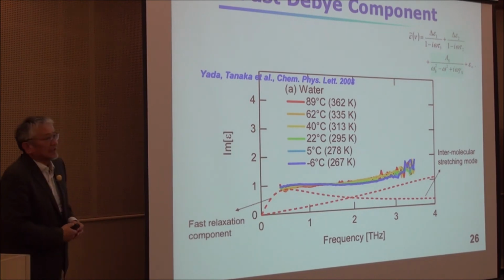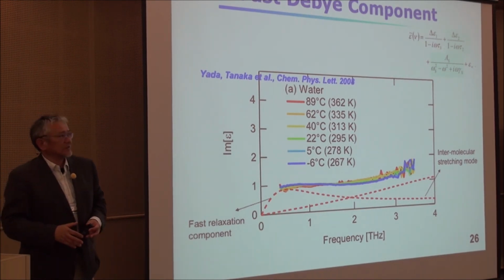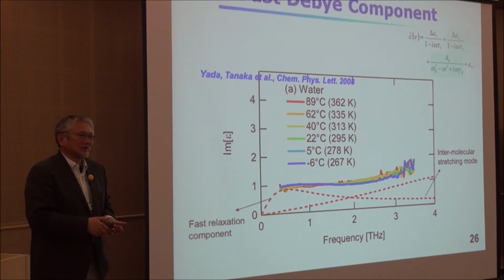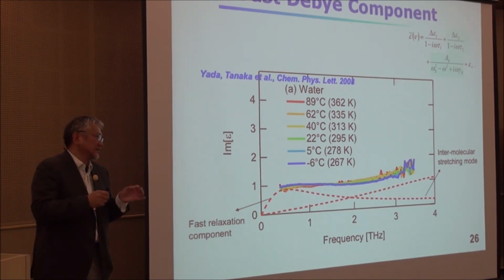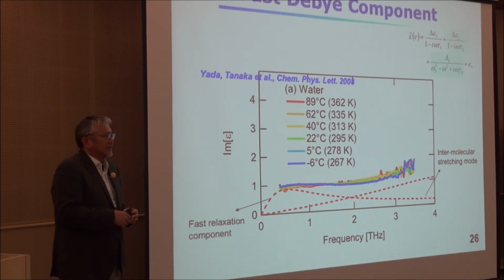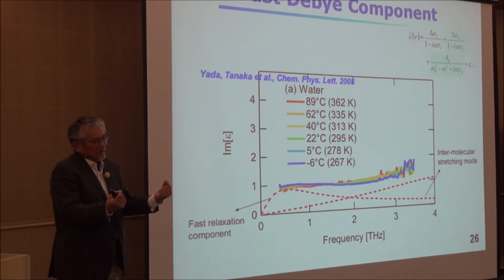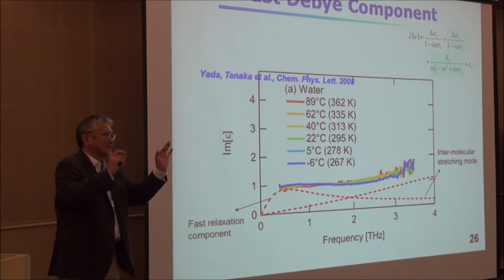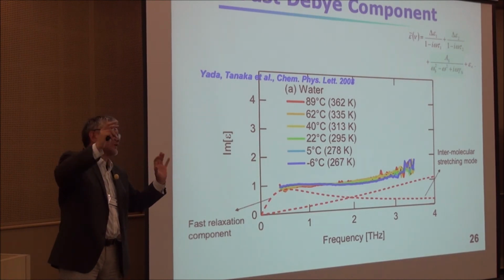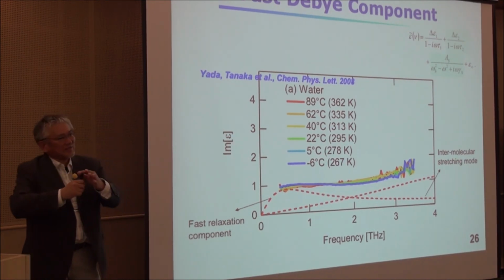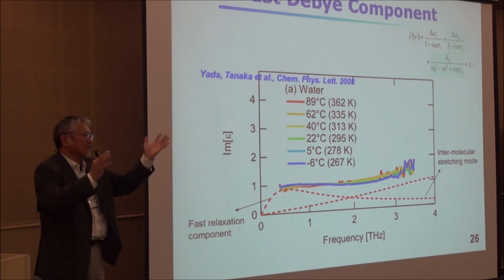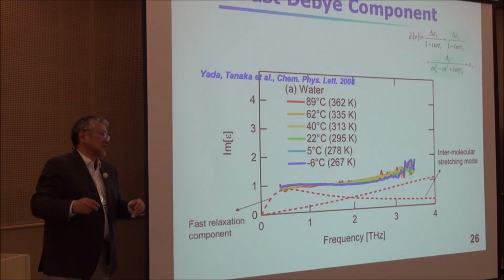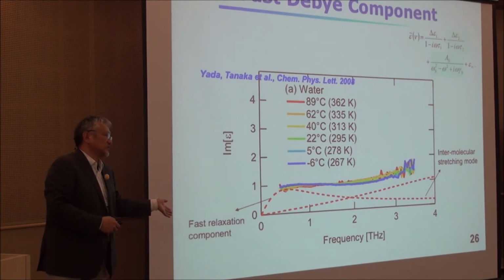You're right. And also, the good point of the terahertz region is the collective motion of the water. The hydrogen bonding network is quite solid if you look at the femtosecond time scale, but if you look at the slow time scale, it's fragile. So if we want to understand the network itself, this terahertz region is important.